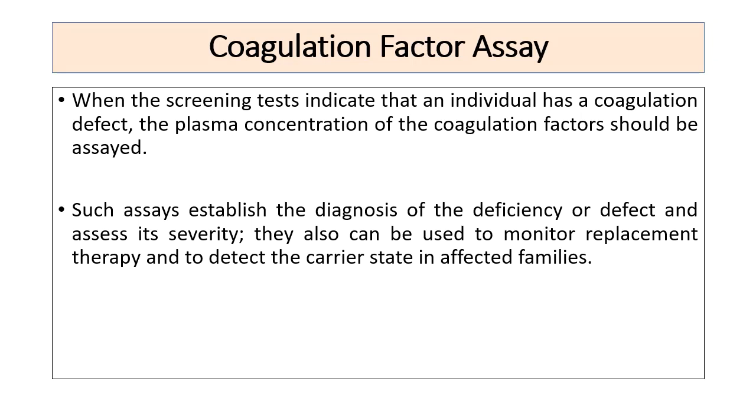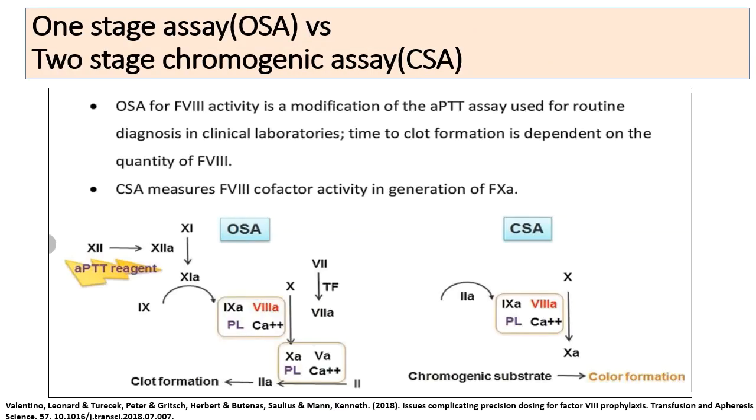There are two types of assays, the one-stage assay versus the two-stage chromogenic assay. The one-stage assay, done for factor VIII activity, is a modification of the APTT assay that is used for routine diagnosis. It is the time to clot formation and is dependent on the quantity of factor VIII.